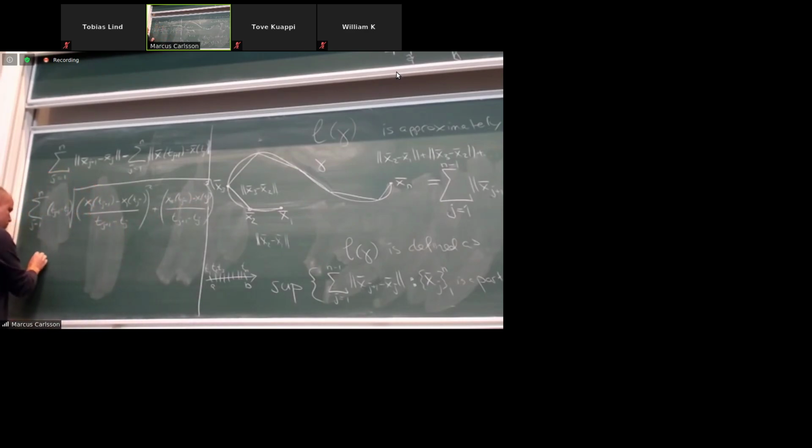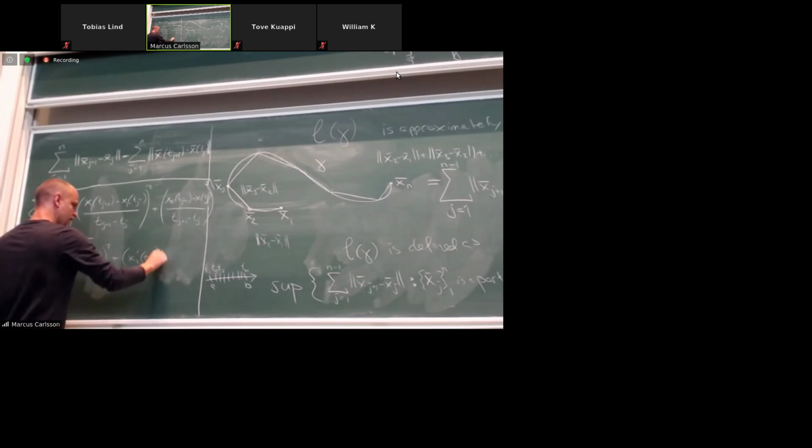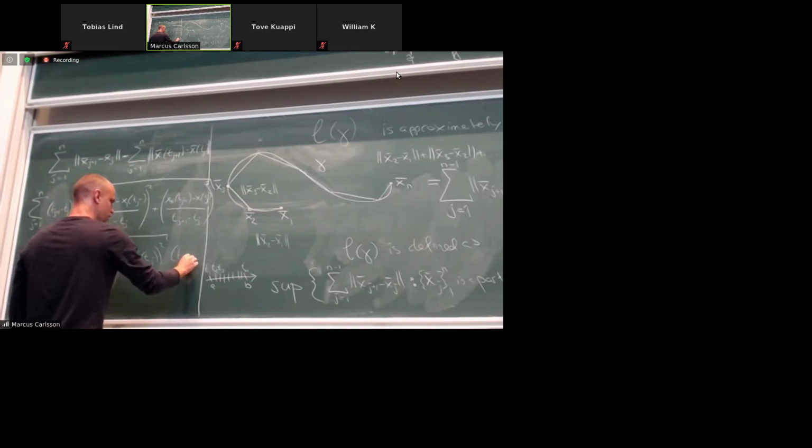So this is approximately equal to the sum. I'm going to flip the order of the square root and that guy. So here I have approximately equal to square root of (x1 prime evaluated at tj plus x2 prime evaluated at tj) with a square, and here you have tj+1 minus tj.